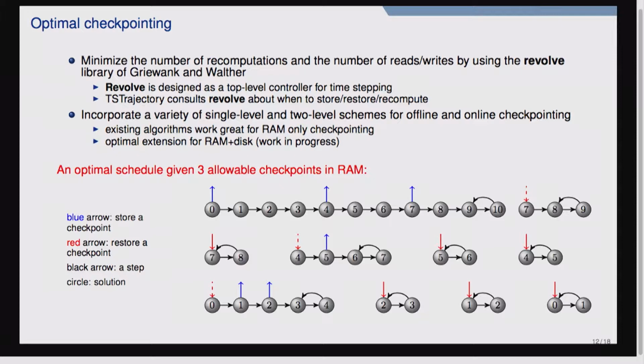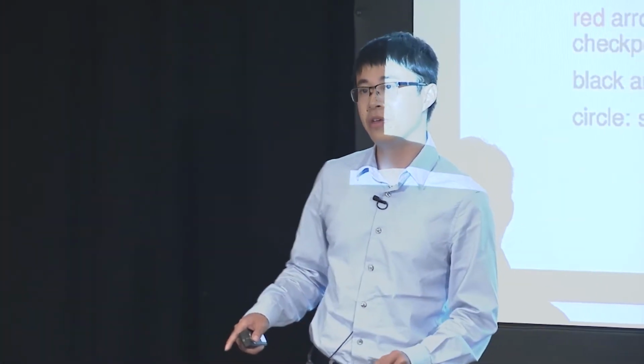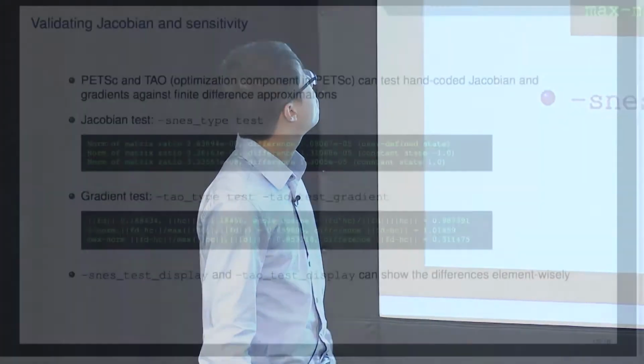So sometimes we want to use disks for checkpointing, even though we know that disk I/O could be expensive. For best efficiency, we have been working on multi-level checkpointing schemes that can take advantage of multiple storage media, such as RAM and disk and some other media.